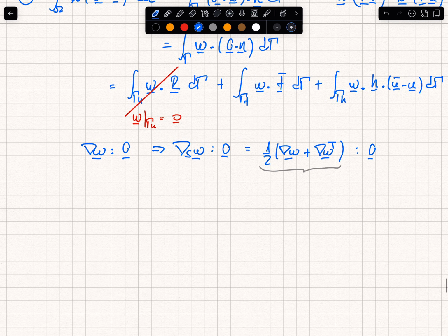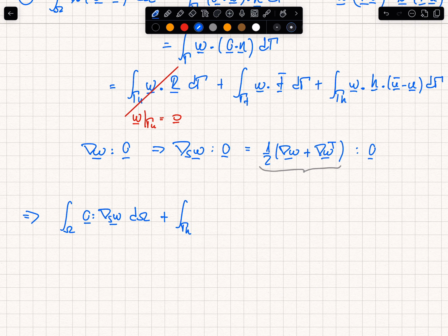Okay, so to finalize the expression, we're going to have on the left-hand side everything that we do not know, that depends on U and depends on W, and that is going to be part of the bilinear form. So what are those? Well, we have sigma contracted with the symmetric gradient of W, and then we have the part of the Robin boundary condition that we don't know.